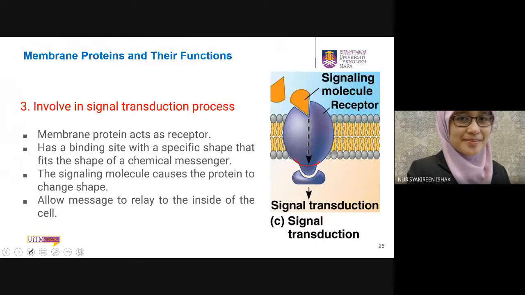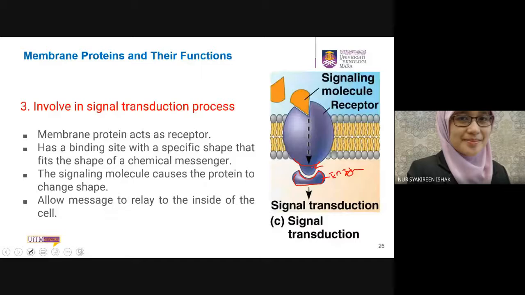And inside the cell there is another protein, which can be an enzyme. Dia tak adalah macam substrate untuk bind kan, ataupun component to activate the enzyme, for example.